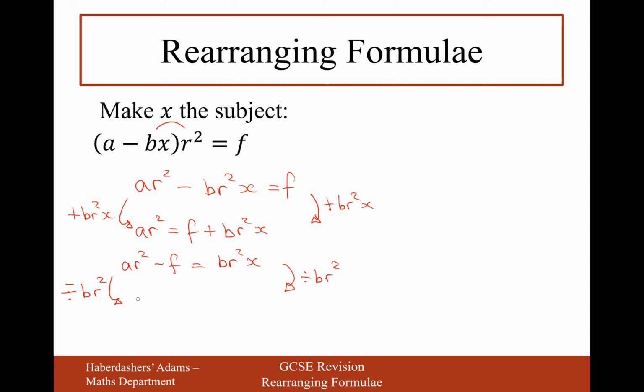BR squared. So on the left hand side it's going to be AR squared minus F over BR squared equals X. And there we are, that's the answer to this question.